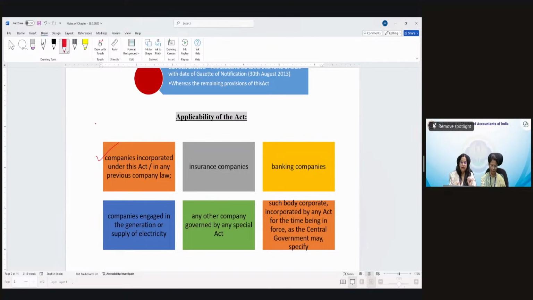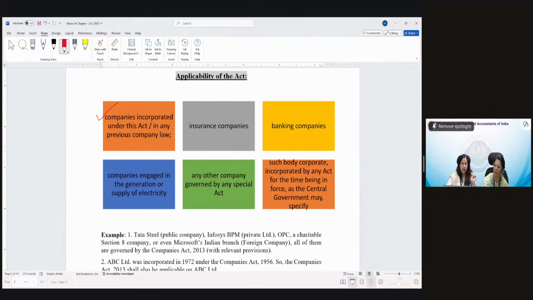Then next, it is applicable on insurance companies, banking companies, companies engaged in the generation or supply of electricity, any other company governed by any special act, such body corporate incorporated by any act for the time being in force as the central government may specify. This "may specify" will again be dealt with in the rules.